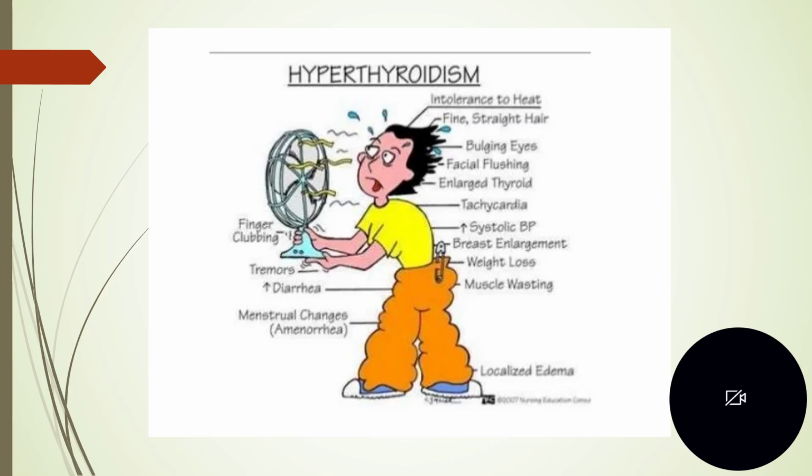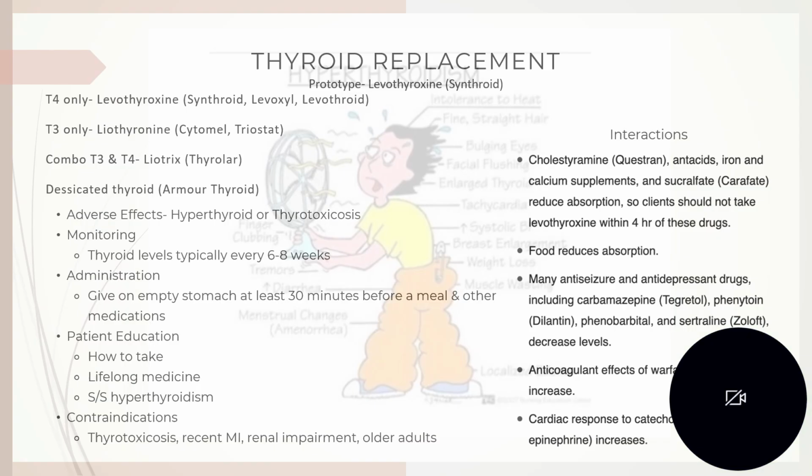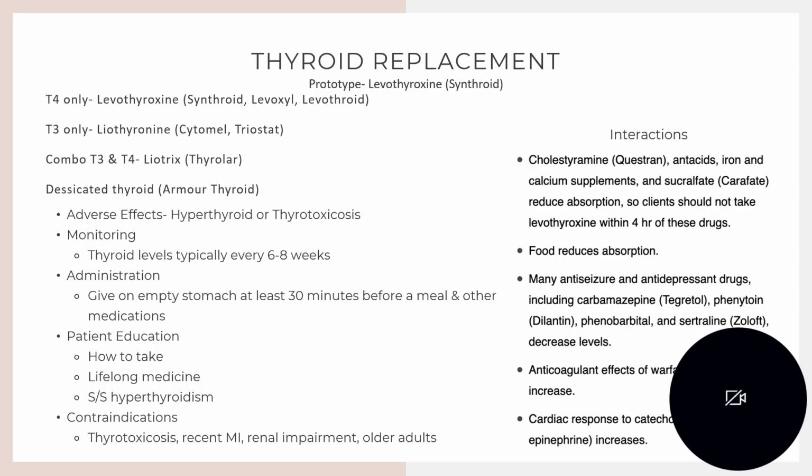So the medications that we are going to be talking about are going to be in treatment for hypo and hyperthyroid, okay? So, the first is thyroid replacement. And I will say, just in my experience, this is more commonly what I have given medication for.